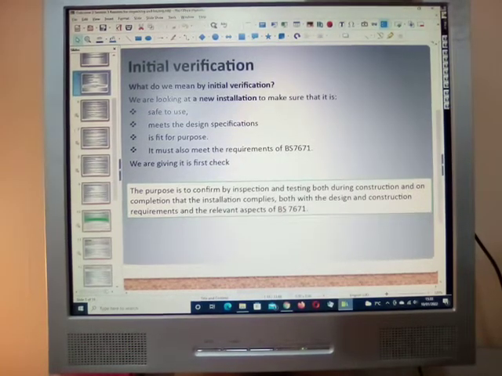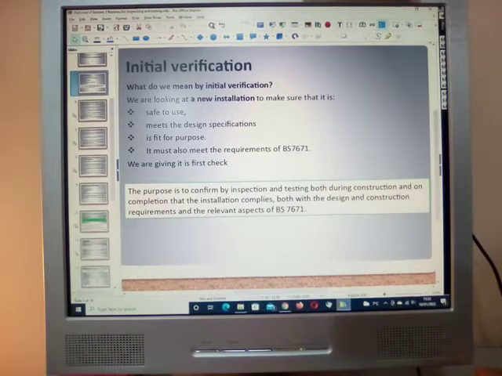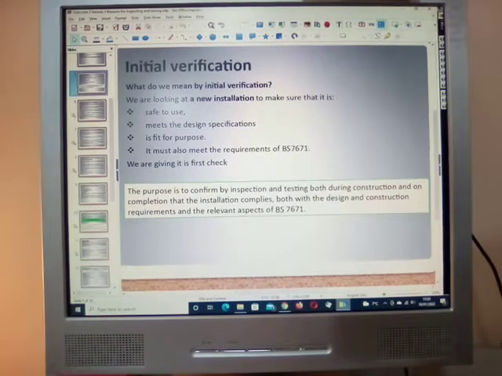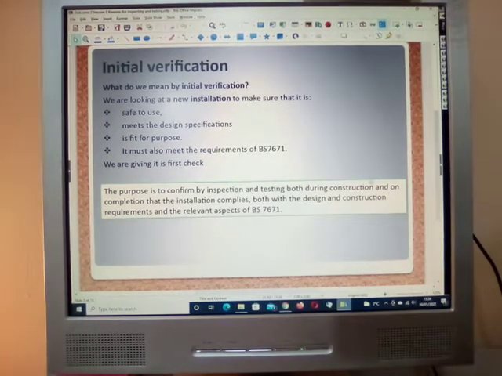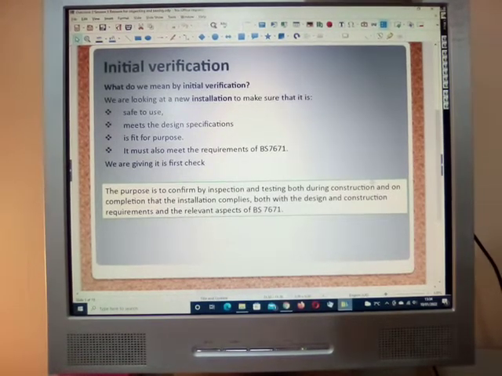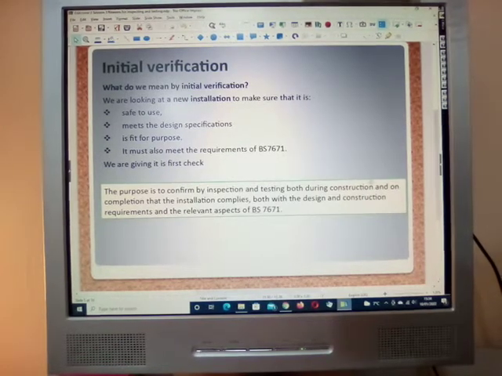We are looking at a new installation to make sure that it is safe to use, meets the design specifications, is fit for purpose. It must also meet the requirements of BS 7671. We are giving it its first check.